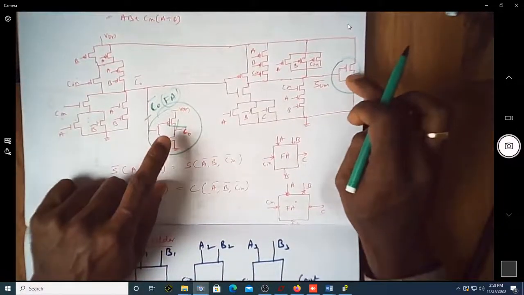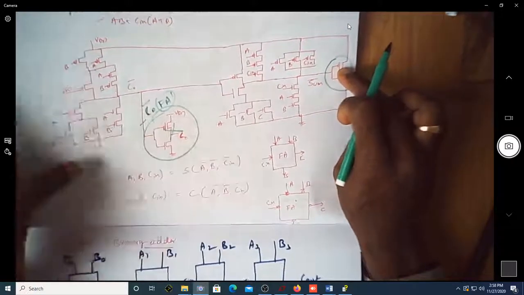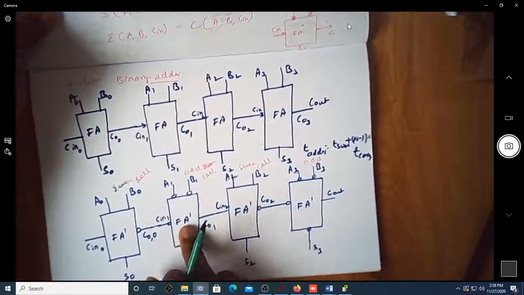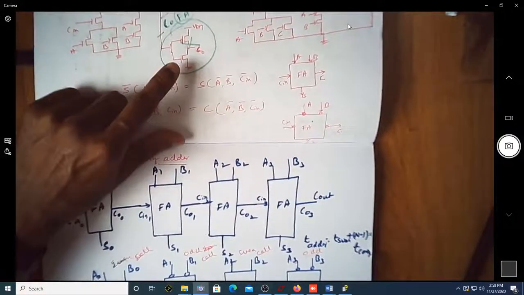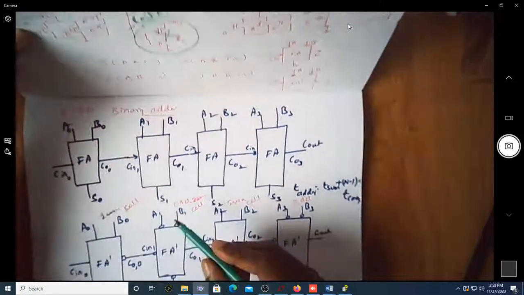I can certainly remove these two inverters for my odd cell implementation. For even cell implementation, I'll remove only this.